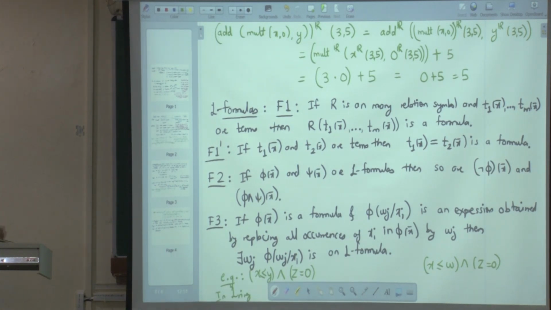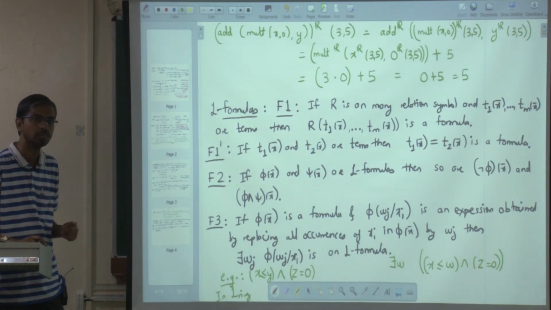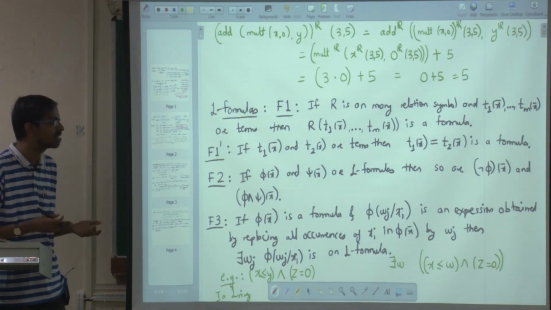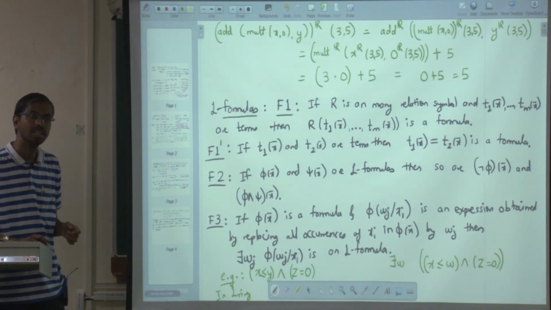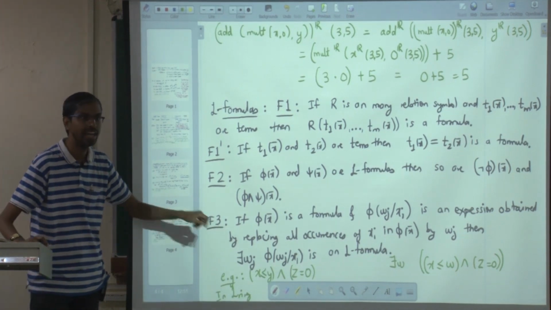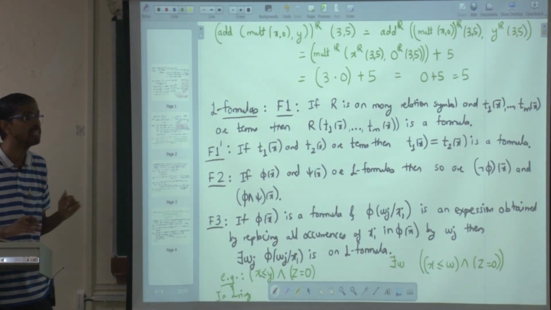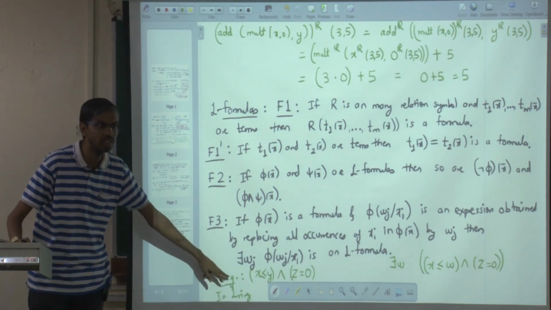I have to put on top of it, there exists a w. So there is a w such that x is less equal y and z is equal to 0. This is a formula, obtained by using clause F3. Do you understand what's happening here?